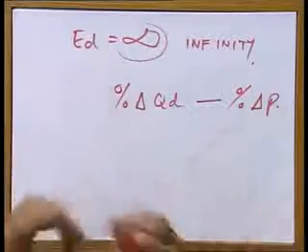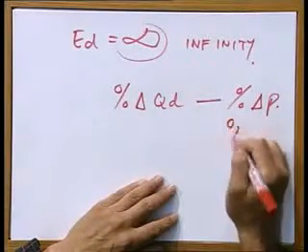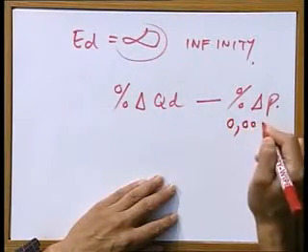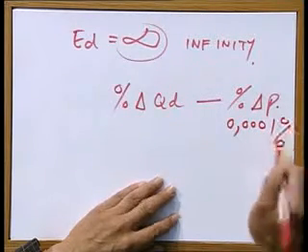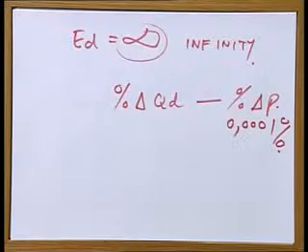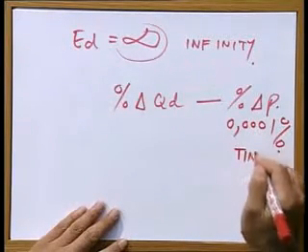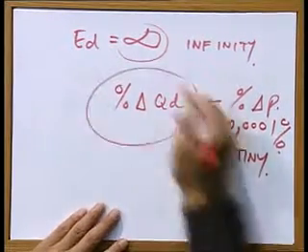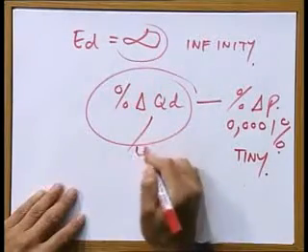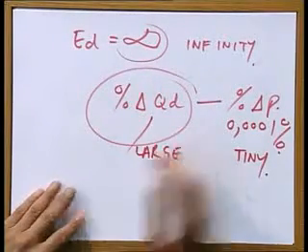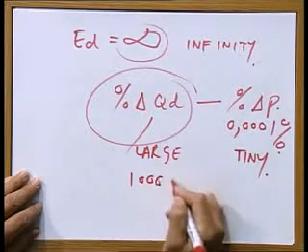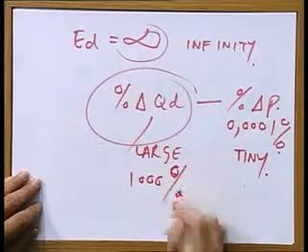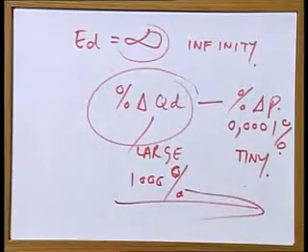Say, for example, in percentage terms, the price changed by 0.0001 percent. That is a very tiny change in the price. What will happen with the percentage change in the quantity demanded will be very large. It cannot be measured. It is infinite. It might be 1,000 or 10,000 percent, and even more, which cannot be measured.